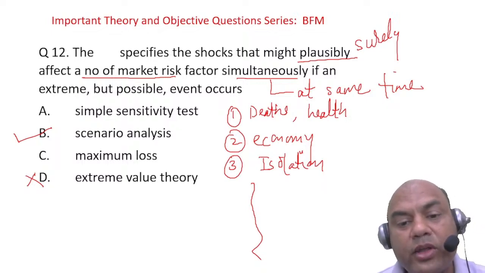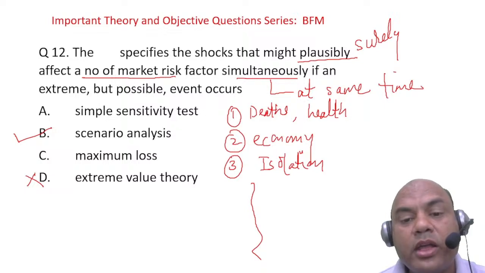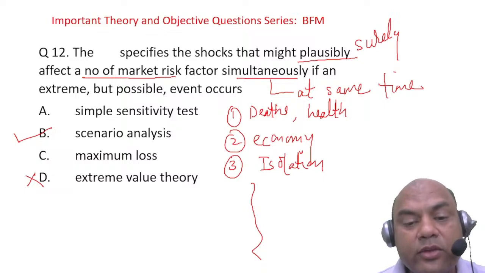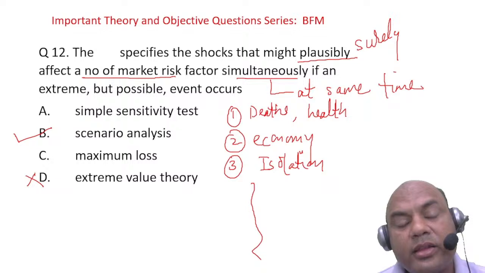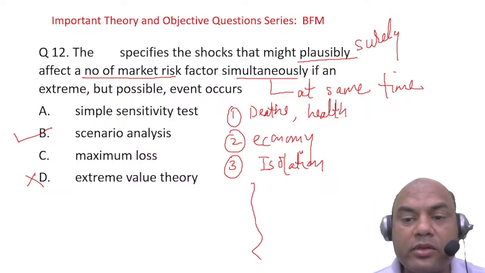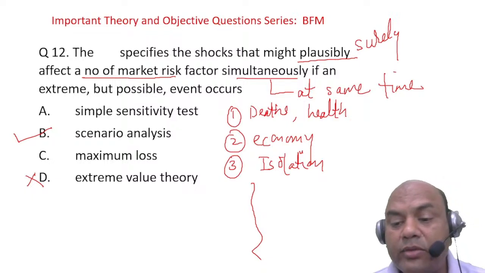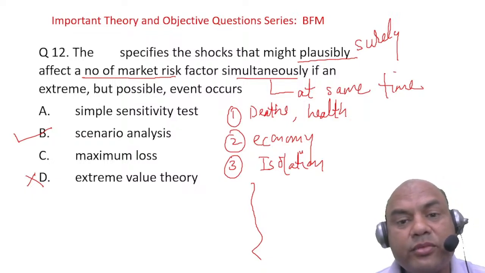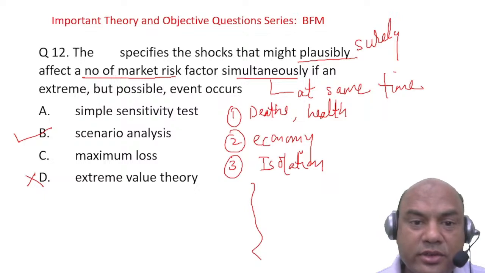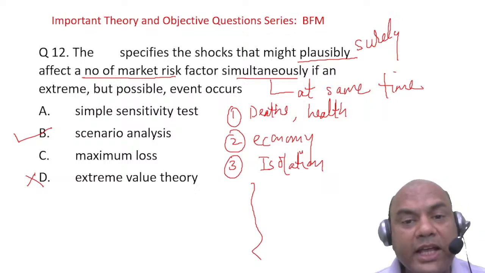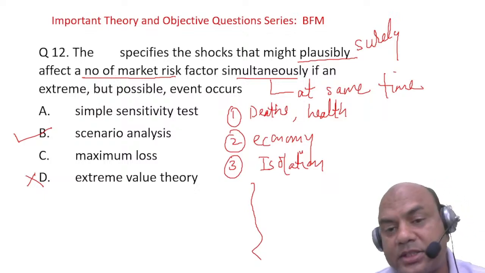If all three come together, then what? If two come together, then what? If there's a fifth one, then what? That is known as scenario analysis, a very important parameter while we do the calculations for the various risk factors.